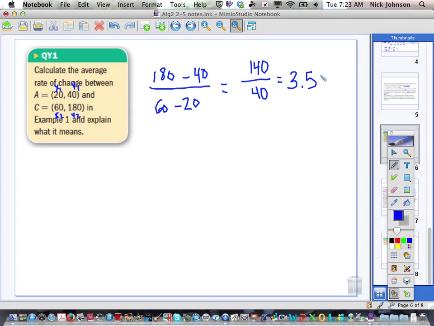And so what that means is, the slope from 20 miles per hour to 60 miles per hour is going to increase approximately 3.5 feet for every mile per hour. Okay?